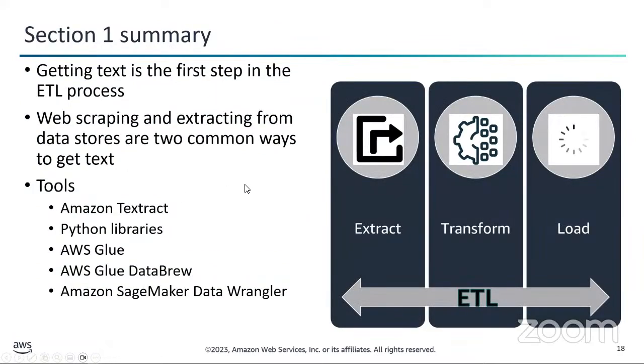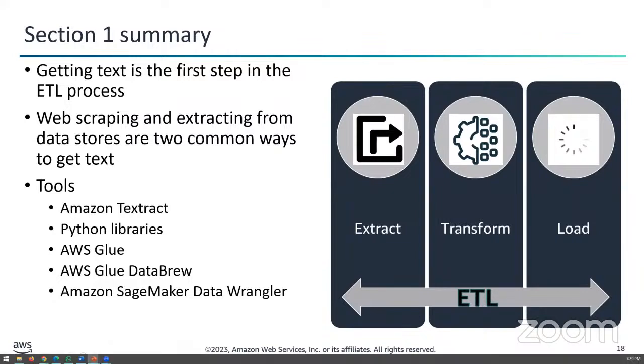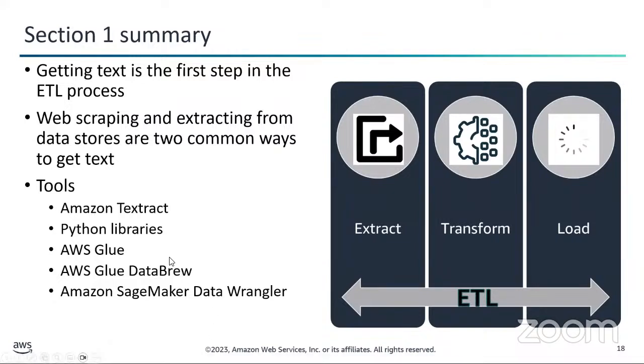All right. So this is what I have been talking about in this section one for the last 20 plus minutes. Getting text is the first step in the ETL process or ELT, whatever order you want to do it in. Web scraping and extracting from data stores are two common ways to get data, either getting it from the websites or extracting from some other databases or data stores. When you see database, usually it's a relational database, structured data.